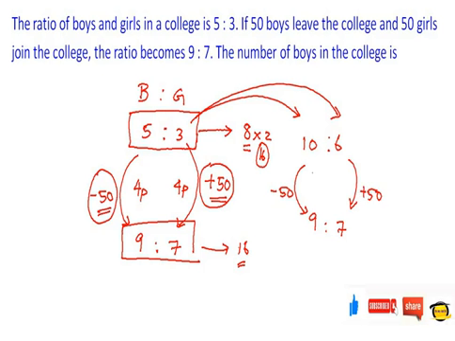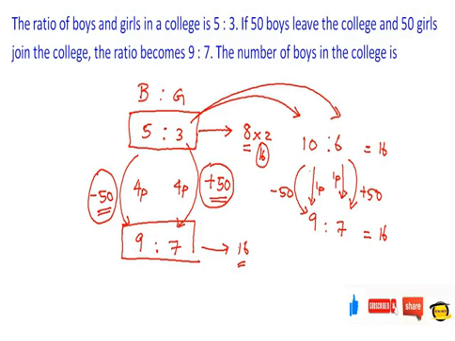Now observe it. Here there is a change of 1 part. Here there is a change of 1 part. The total parts in the ratio originally is 16. The total parts in the ratio after the change is also 16. Now it's very clear that vertically also the difference is equal and horizontally also the sum of the ratios is equal.